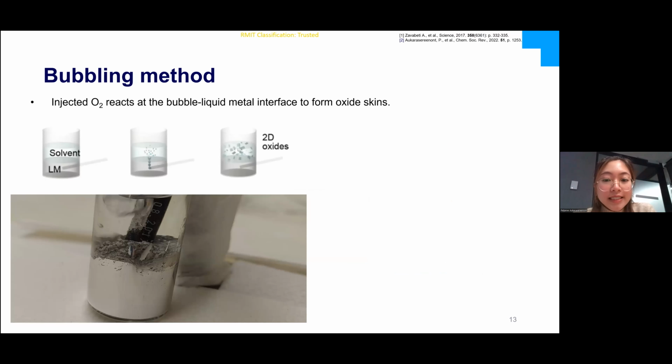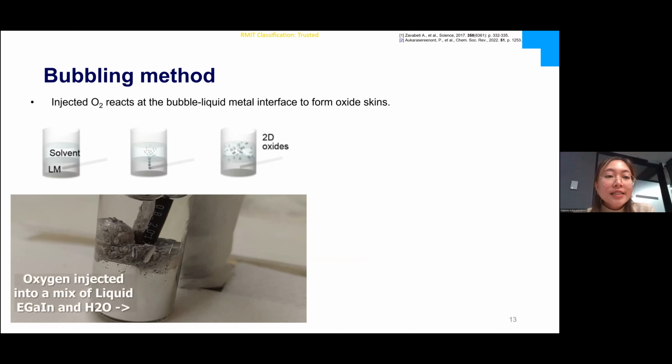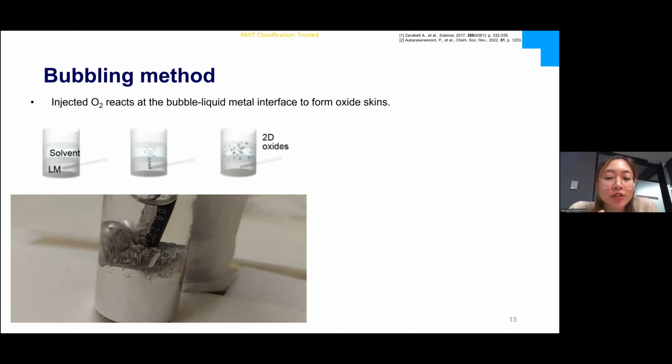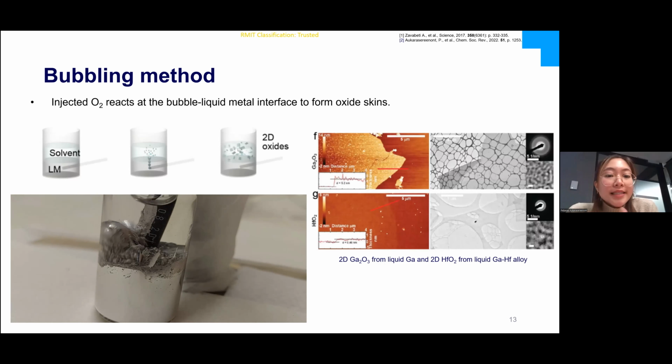The way it works is pressurized air is injected into the liquid metal pool submerged in a silex solution, creating air bubbles in which metal oxide is formed at the bubble surface. Then these oxides accumulate in the solution, and you can collect this, do the drop cast, and it can be further processed. These are examples of the materials that we got from the bubbling method. So we got gallium oxide and hafnium oxide.